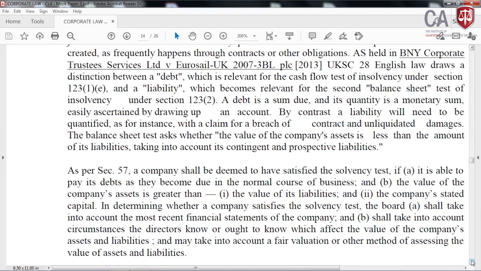In determining whether a company satisfies the solvency test, the board shall take into account the most recent financial statements of the company and shall take into account the circumstances the directors know or ought to know which affect the value of the company's assets and liabilities, and may take into account a fair value or other method of assessing the value of assets and liabilities.